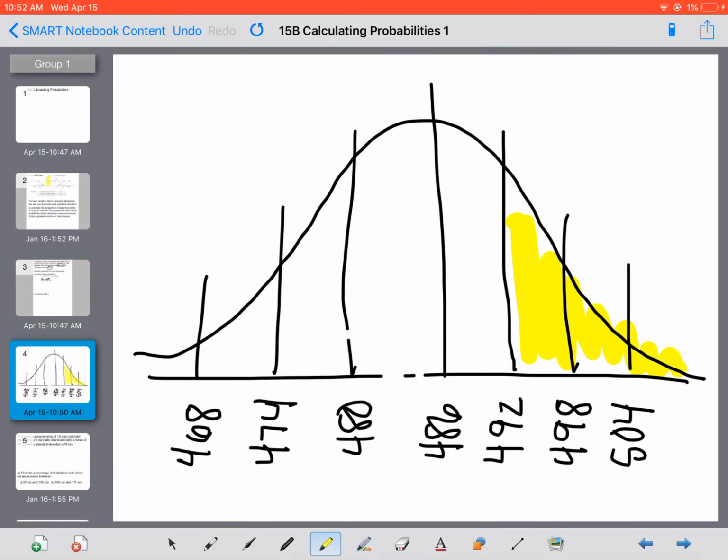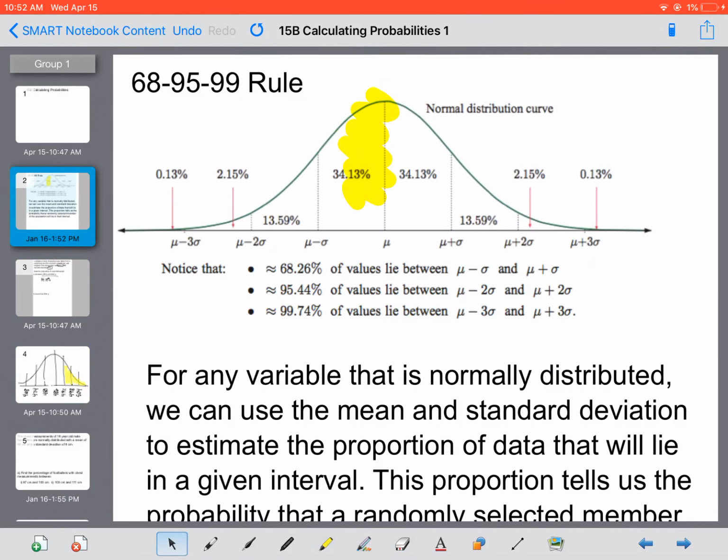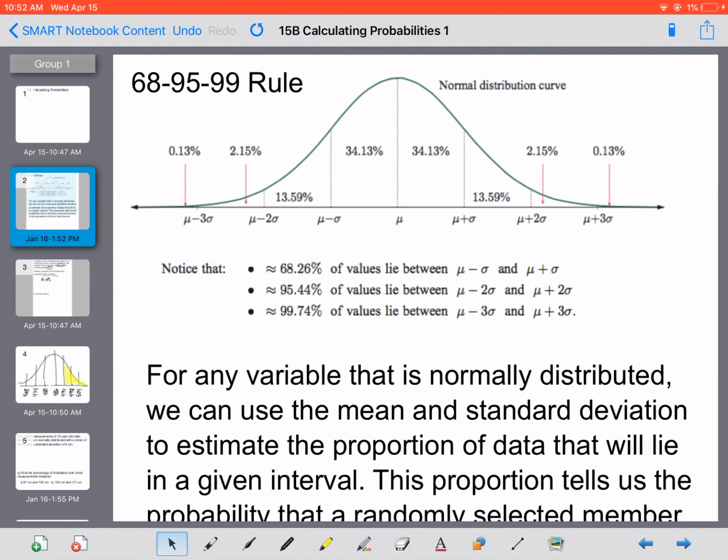So then if you go back to here, we're talking about this part right here, which means what you're going to want to do is add these three probabilities together to be able to answer that problem.